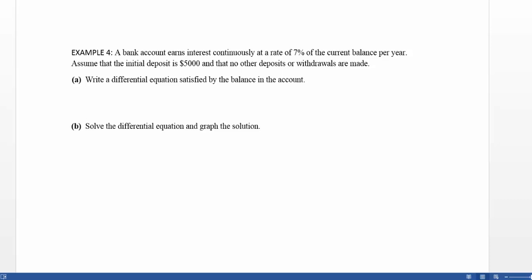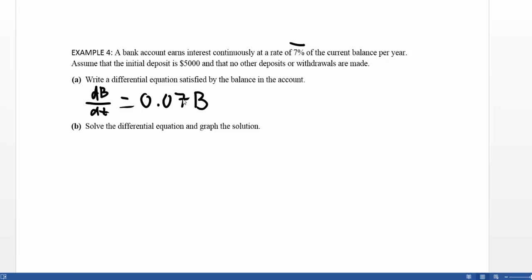So if we're talking about the balance, we could certainly write our differential equation as dB/dt, which is how the balance changes over time. And we know that it's changing at a rate of 7%, which is 0.07 of the current balance, which is B. So the derivative, or the rate of change of the balance, is 7% of the balance. That's what our differential equation says.